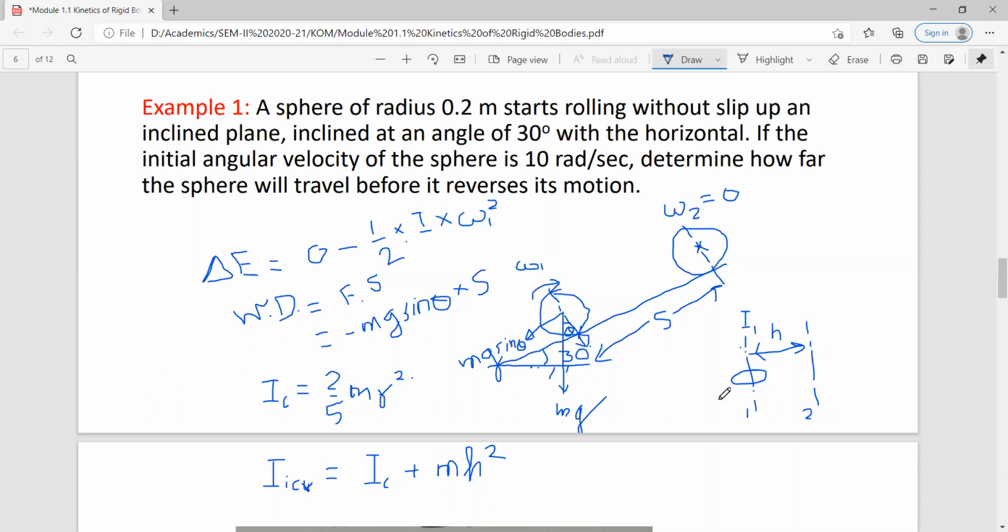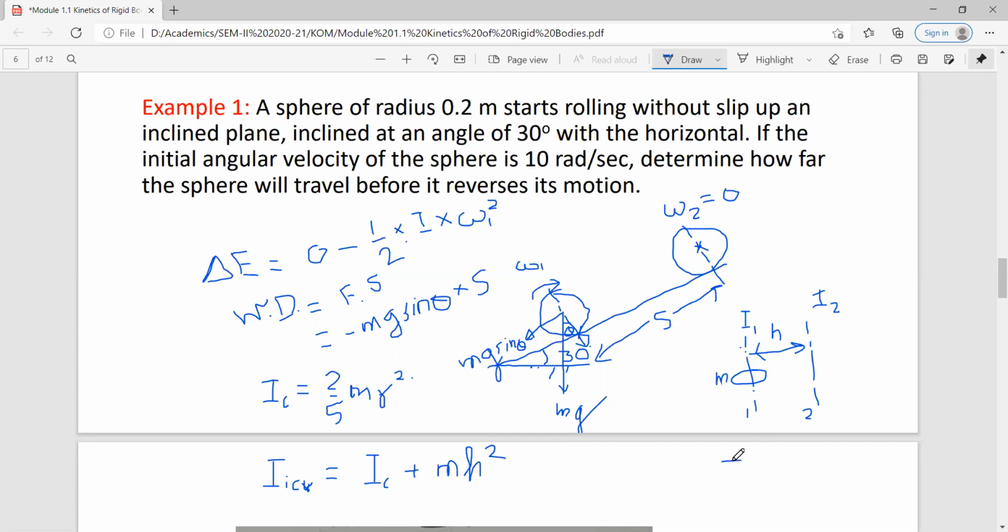Say the mass of this particular object is m. Then if you know the mass moment of inertia about one axis, you can find the mass moment of inertia about any other parallel axis. So axis 1 and axis 2 are parallel, and we can use the parallel axis theorem for that.